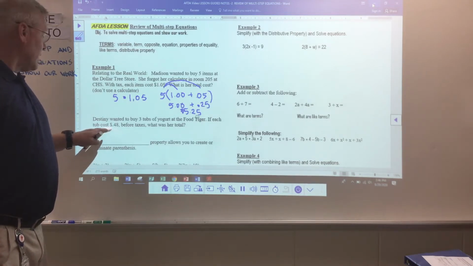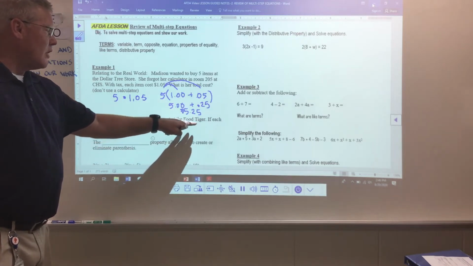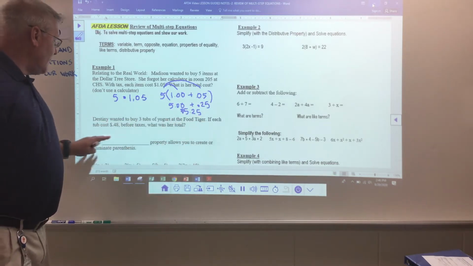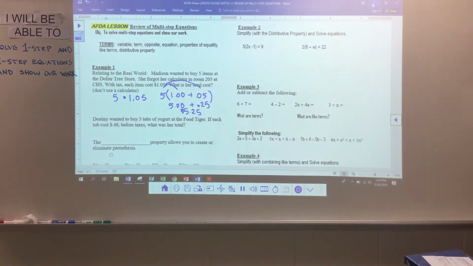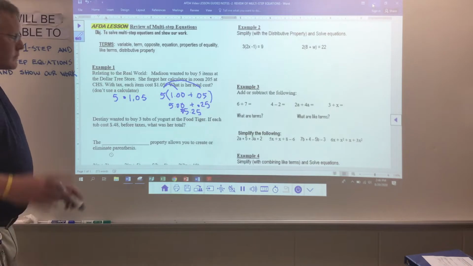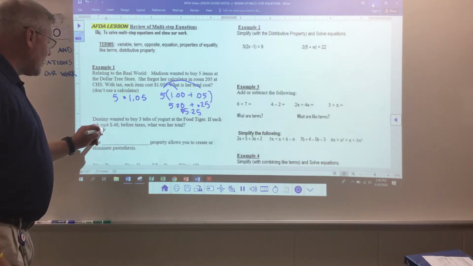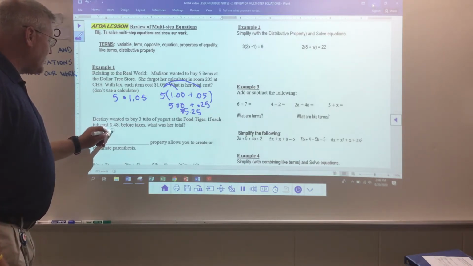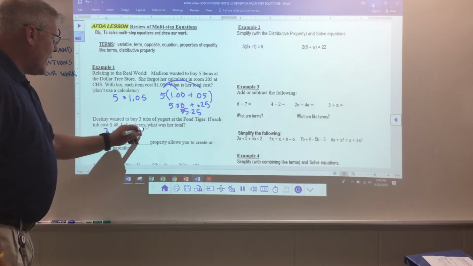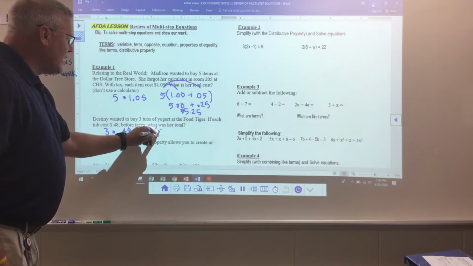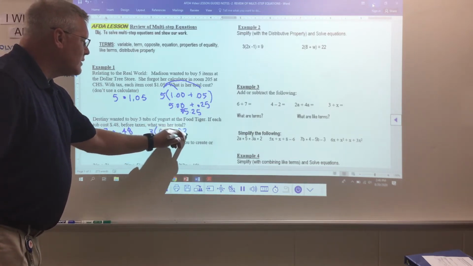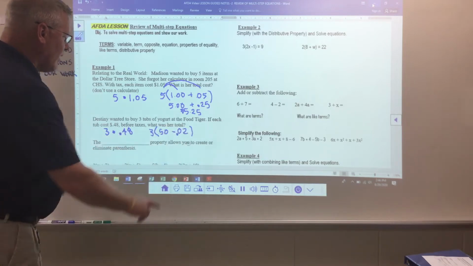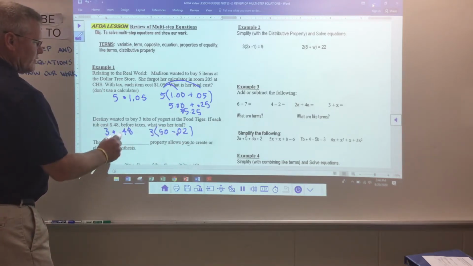Try using it here. It says Destiny wanted to buy 3 tubs of yogurt at the Food Tiger. If each tub costs 48 cents before taxes, what is your total cost? Now, I'm going to ask you to do something different. Think about 3 times 48 cents as 3 times 50 cents minus 2 cents. It's the same thing, right? 50 minus 2 is 48.